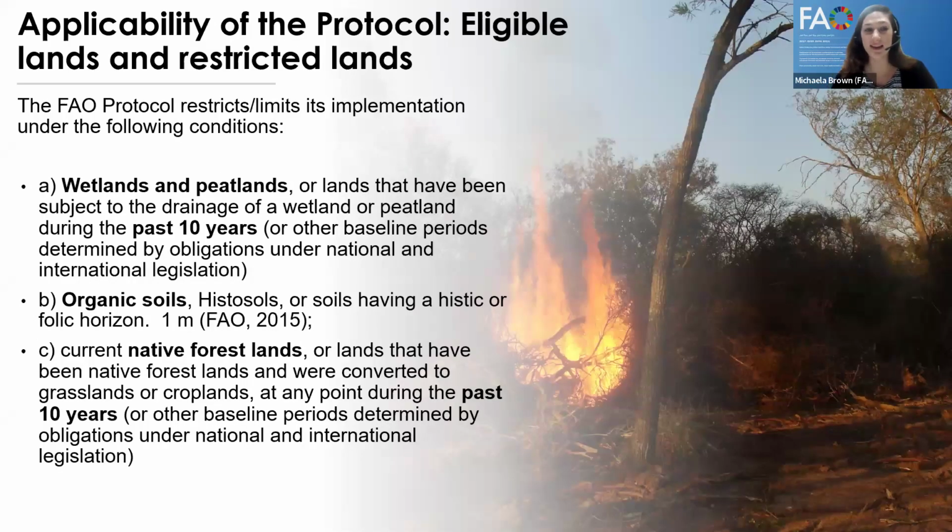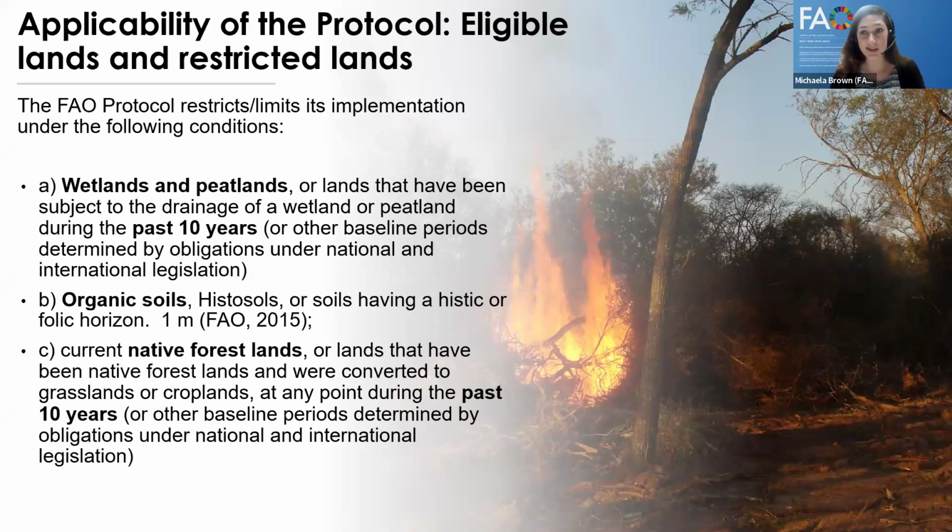So first, looking at the applicability of the protocol, the eligible and restricted lands. The main purpose of this is to exclude lands that might be harmed or might emit greenhouse gases if sustainable soil management practices were implemented. So these include wetlands and peatlands, any land that has undergone significant land use change over the past 10 years.